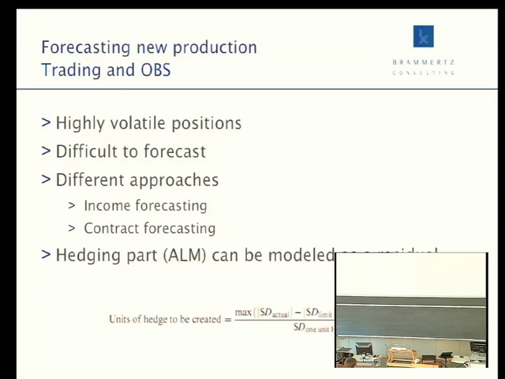Basically, you look at the actual sensitivity minus the limit sensitivity, and you see on which side you are. If you are inside, then you don't do anything. If you're outside, you take the dollar sensitivity of a unit of hedge, and the two sensitivities give you the ratio of how to hedge.